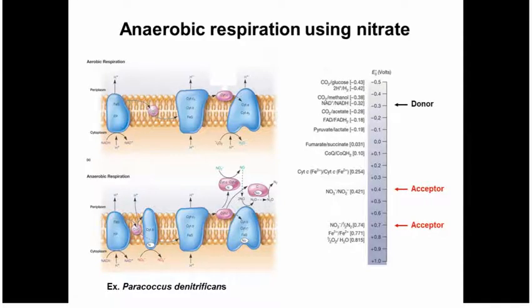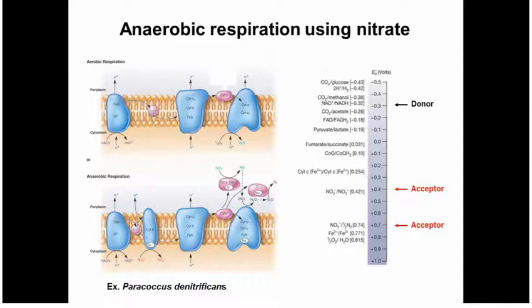And in anaerobic respiration, the electron transport chain is going to end up transferring the electrons not onto oxygen, but onto nitrate. And in this particular example, Paracoccus denitrificans, the end result is going to be the formation of nitrogen gas, N2.